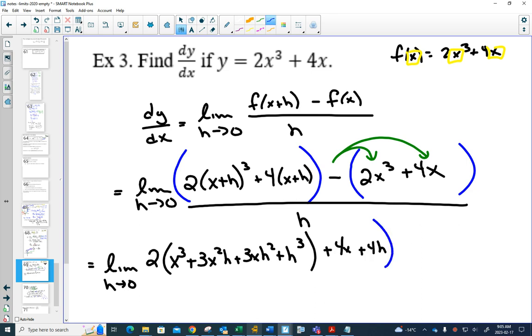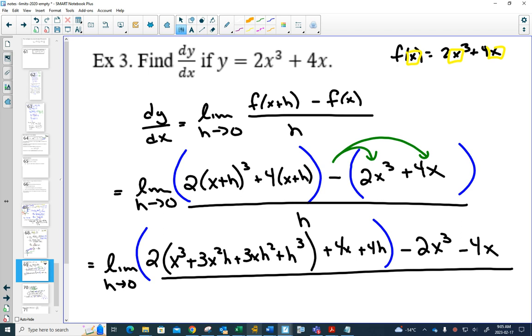And for right now, for your visualization, I'm going to keep that in the blue brackets so that you can see that the blue bracket that I had initially has now turned into this. And we would minus 2x cubed and minus 4x, all over h.